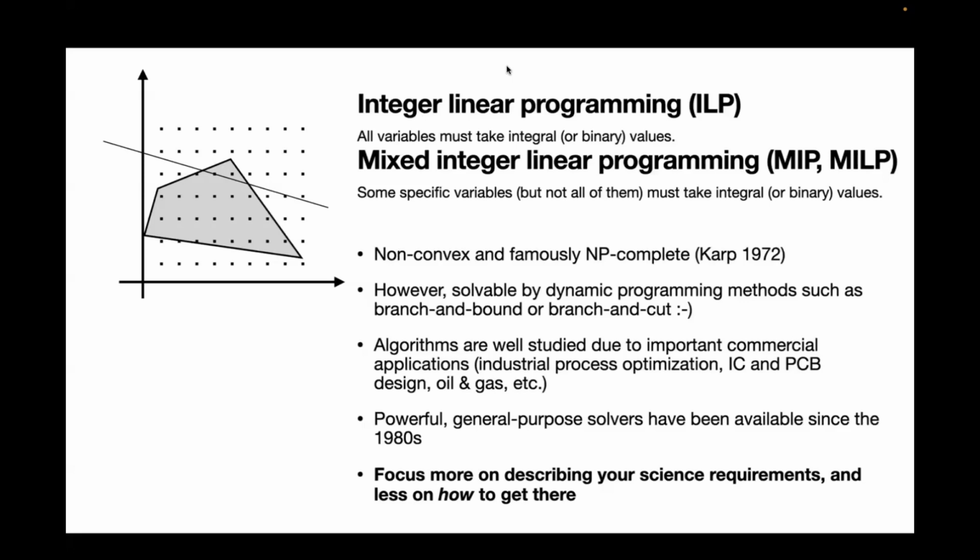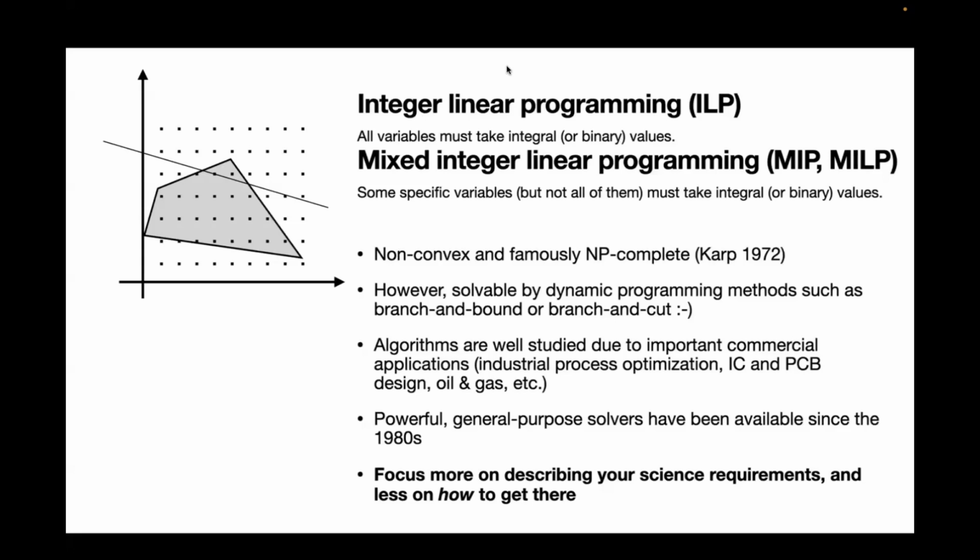These algorithms are well studied because this type of problem is very useful in industrial process optimization. It's one of the algorithms that you could choose to write software to automatically route printed circuit board traces. It's used in oil and gas exploration and so on.